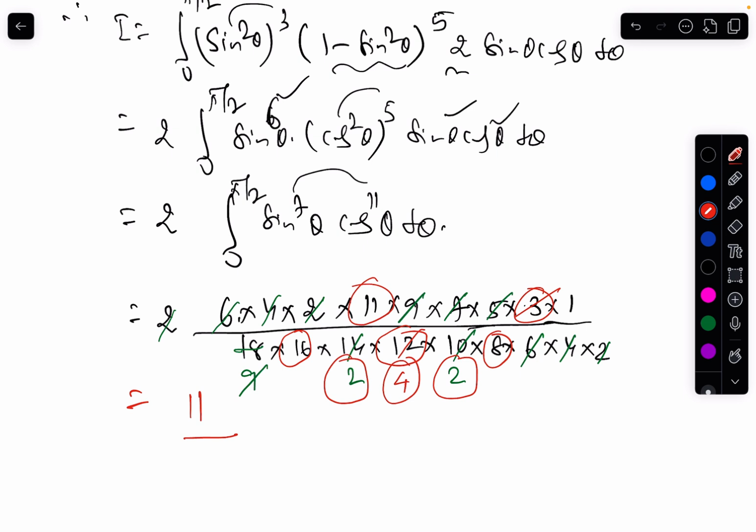Then multiply 4, so that is 128. Multiply 2, 256. And multiply 8, 2048. So you can simplify, and whatever the answer is, you can have.